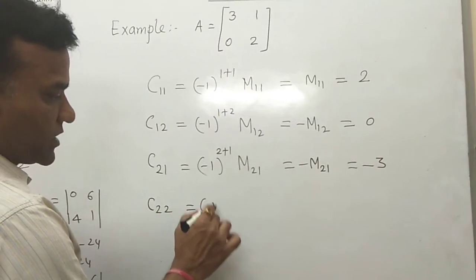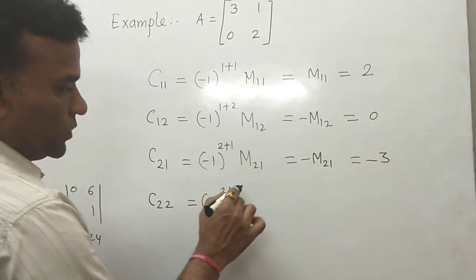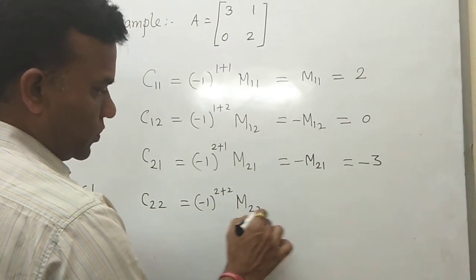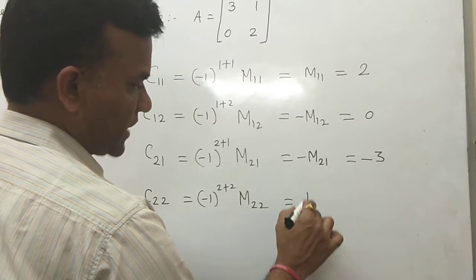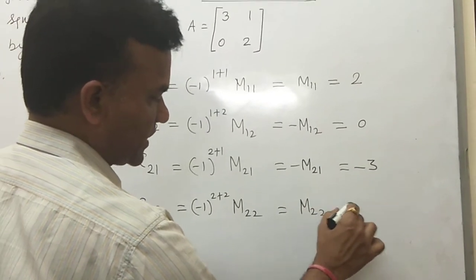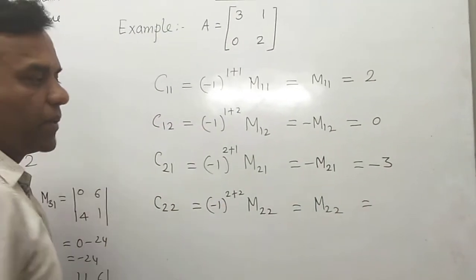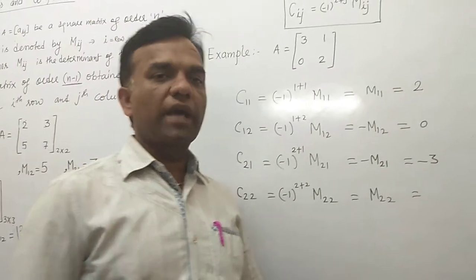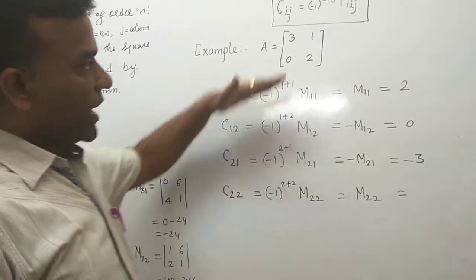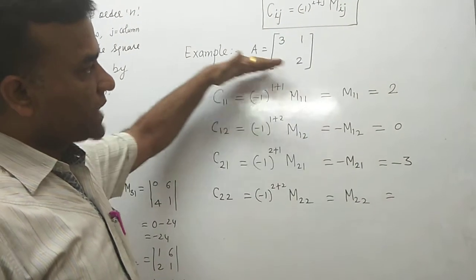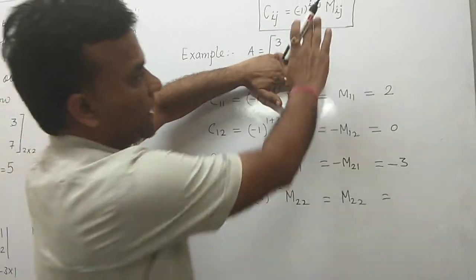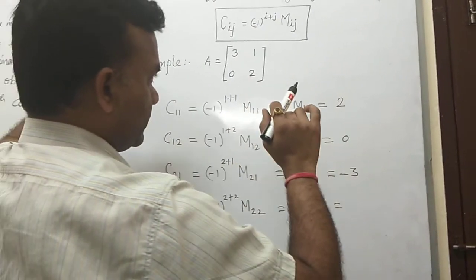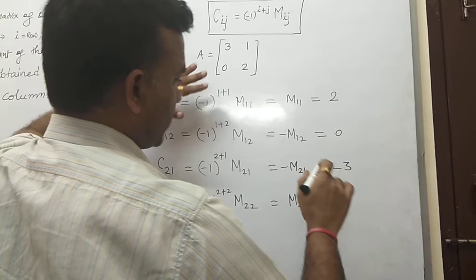Similarly minus 1 to the power 2 plus 2 and then you write down M22. So answer is directly M22 because their sum is even, it means you obtain a positive sign. So you write down M22, it means you ignore the second row and second column like this. What is the value of this? You write down 3 here.